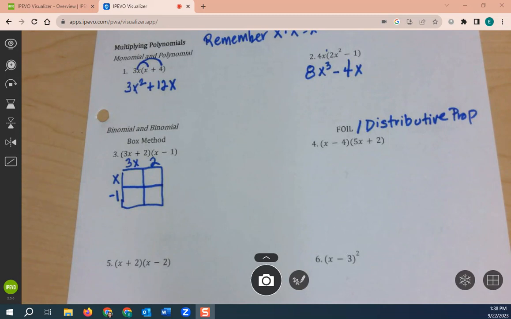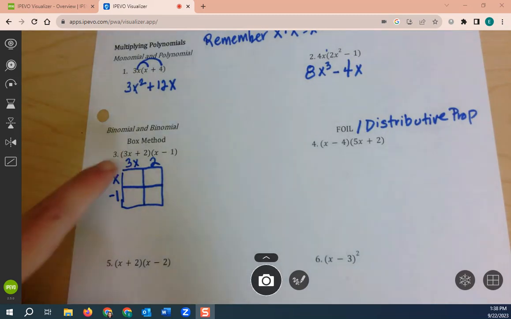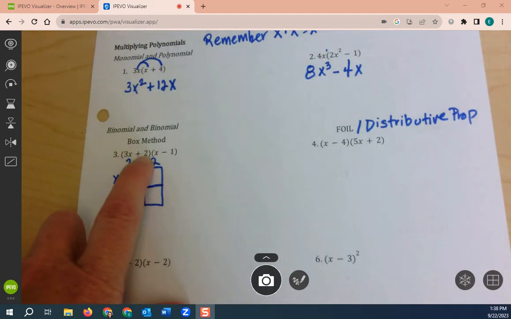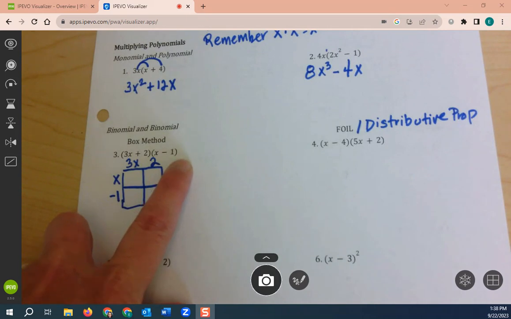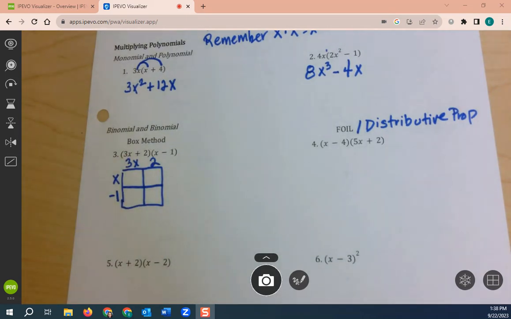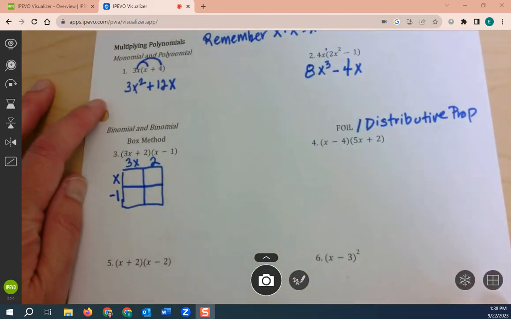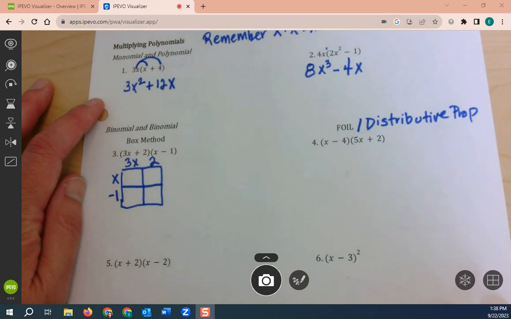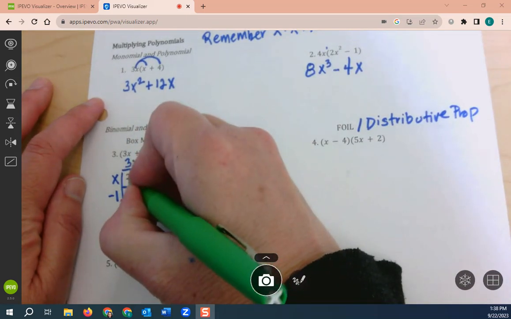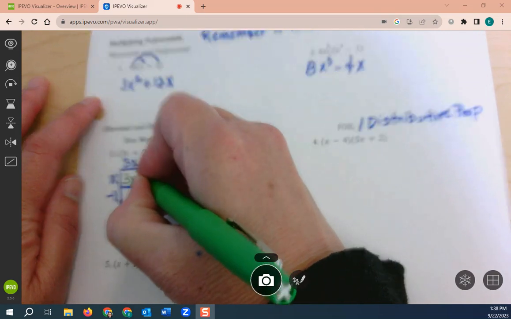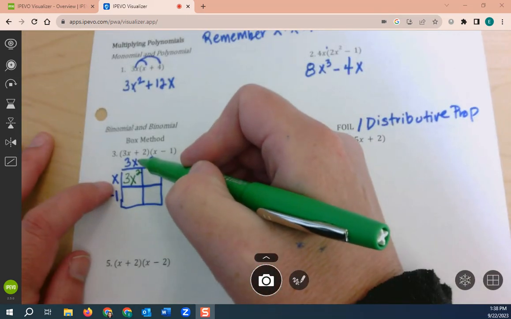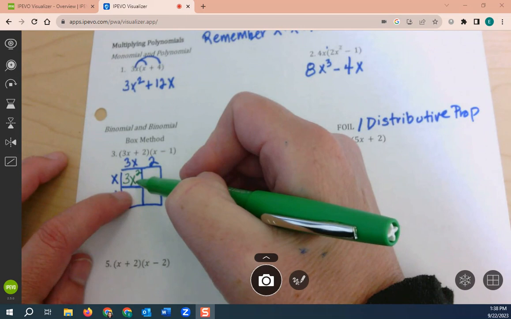What the box does is it just reminds you to multiply everything in the first parentheses times everything in the second parentheses, so it makes sure that you don't miss something. In the top left box, it'd be 3x to the second power. Did you see that? So Michael multiplied the 3x times the x and got 3x squared here.